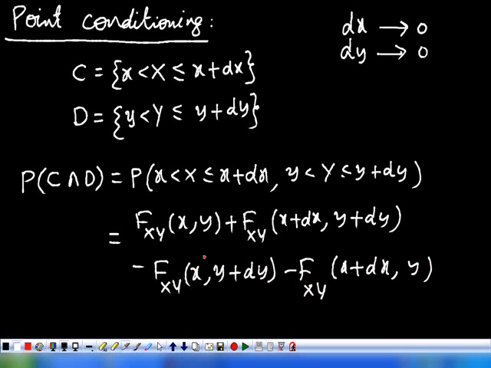Understood this? The probability of the random variable x lying between x and x plus dx and y lying between y and y plus dy can be written like this.